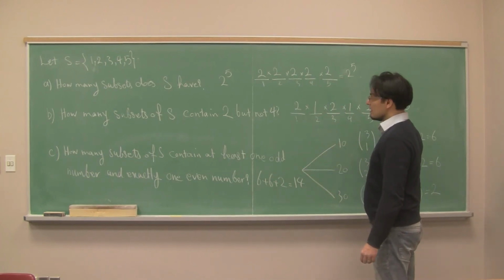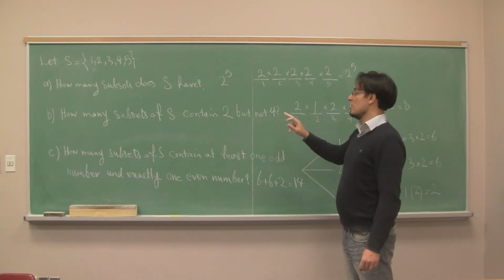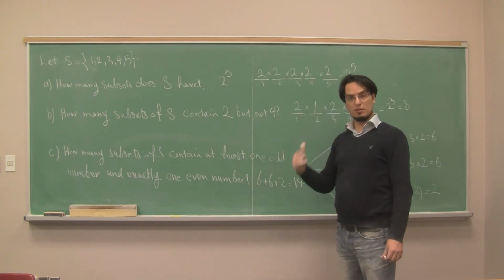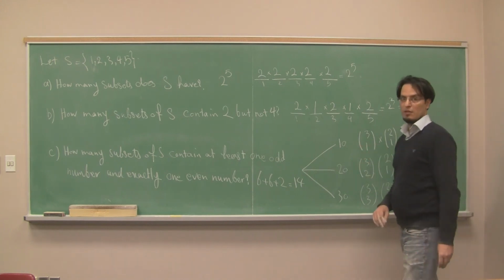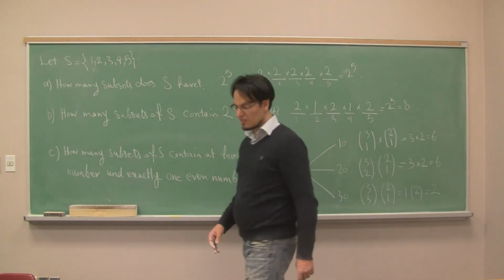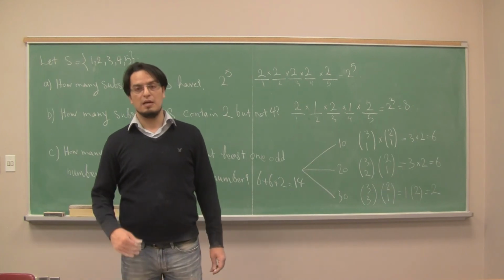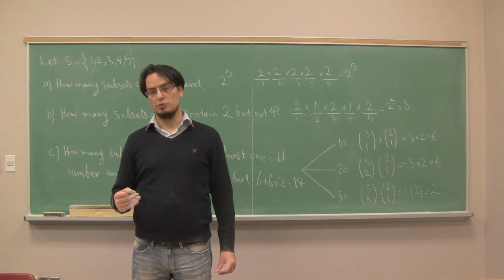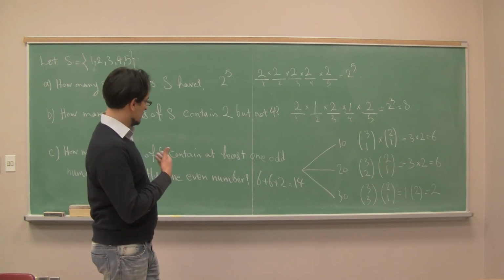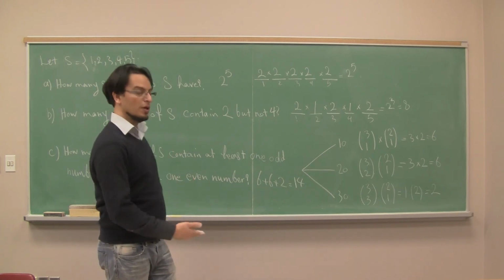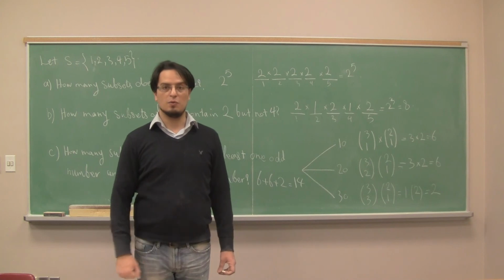We used it here for the number of subsets which contain 2 but not 4. And we used it here to find the number of ways of having at least one odd and exactly one even.